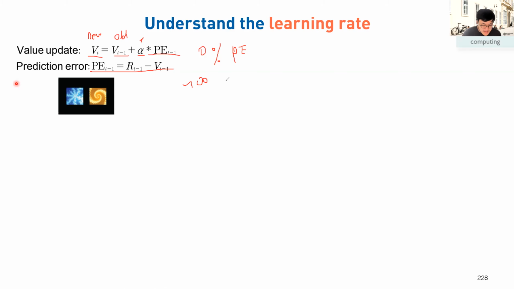Anything in between, if the learning rate is 0.2, then 20% of the prediction error will be used for the value update. 0.8 likewise means 80%. It's a percentage of prediction error entered into the value update.